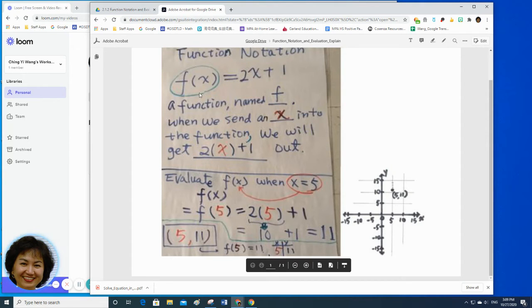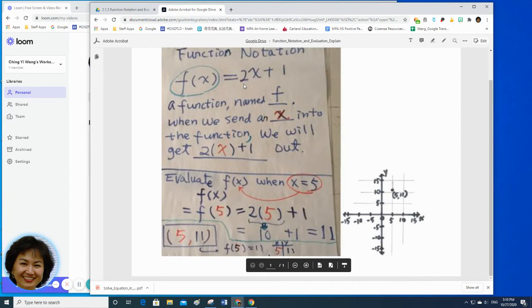So using this function as an example, our function is defined here as 2 times x plus 1. So if I wanted to say f of 5, what does that mean? That means I'm sending 5 into this machine.